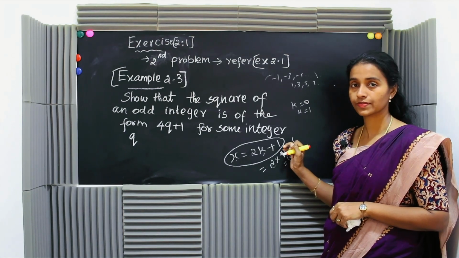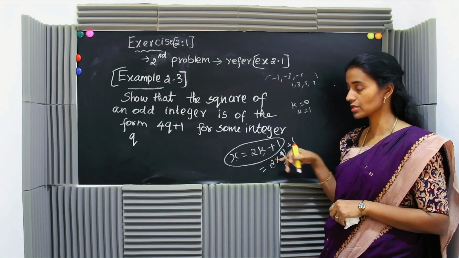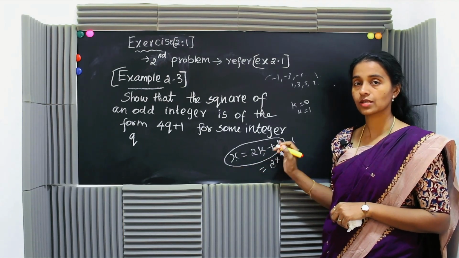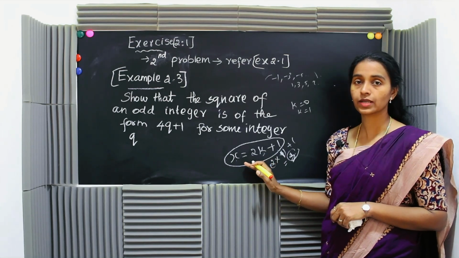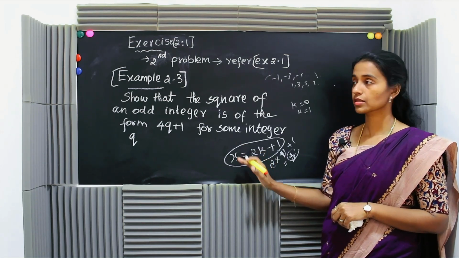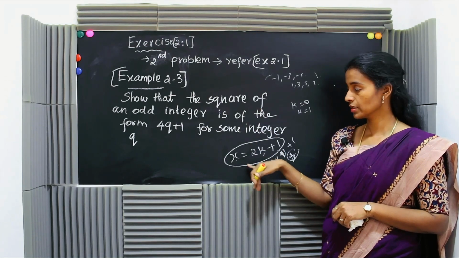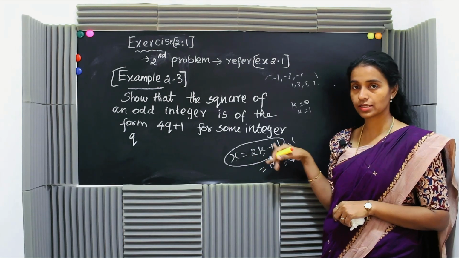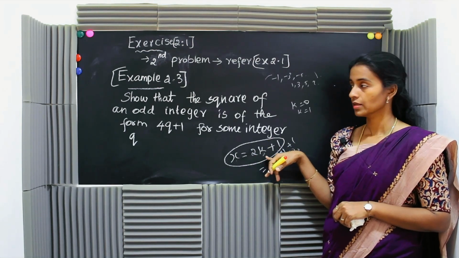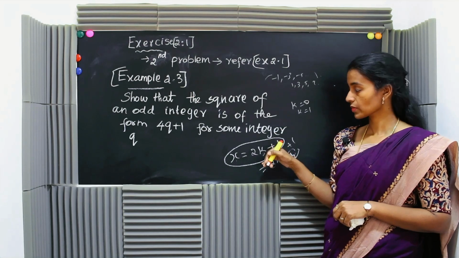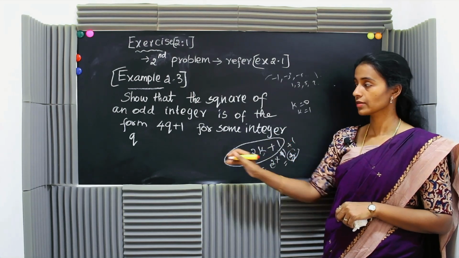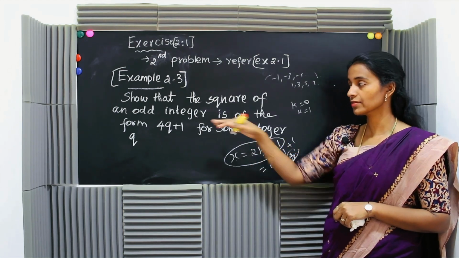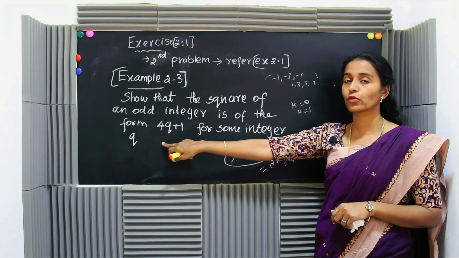So this is the general formula for creating odd numbers. You should remember this formula, and after that I should take the square value, right? If I take the square on both sides, we'll get x square equals 2k plus 1 the whole square. After solving that, the value will be in the form of 4q plus 1.